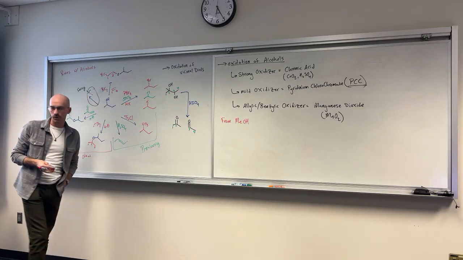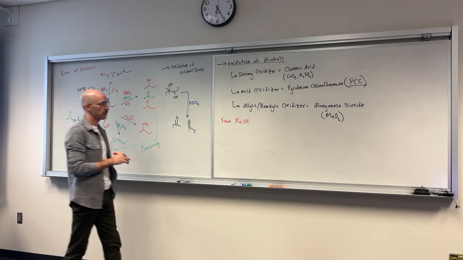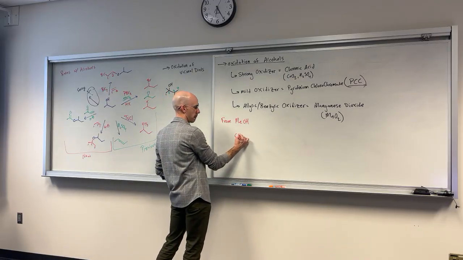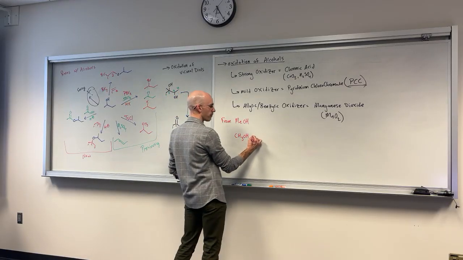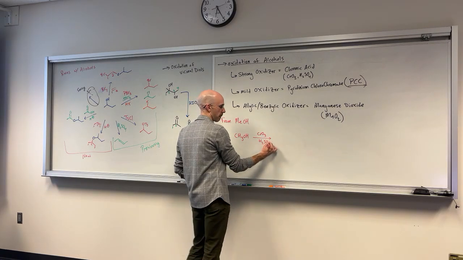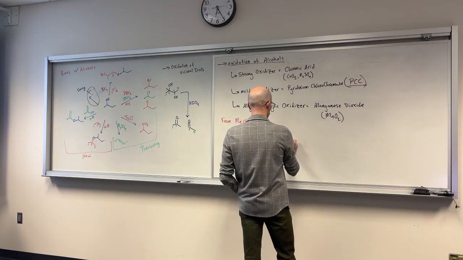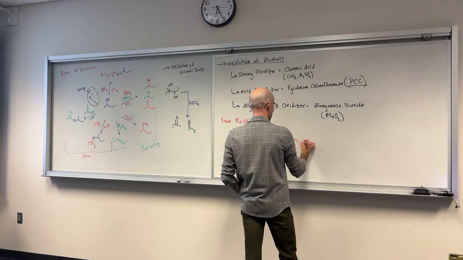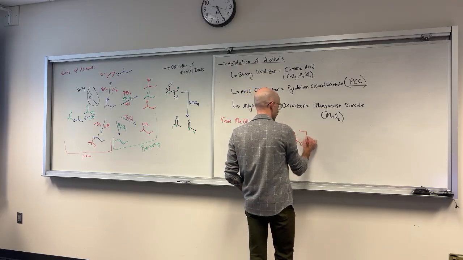All right, some examples. If we start with methanol, our smallest alcohol, and we react with chromic acid, we initially get a dicarboxylic acid.